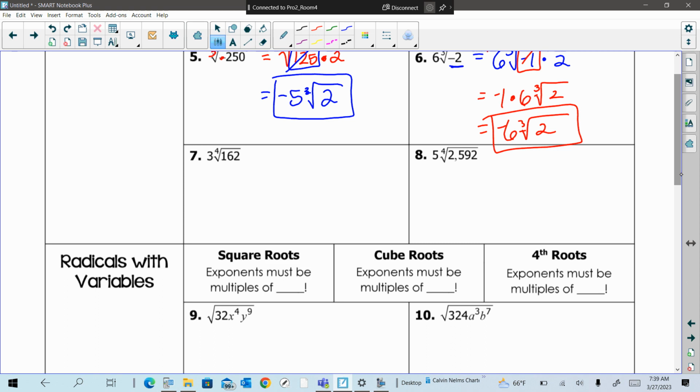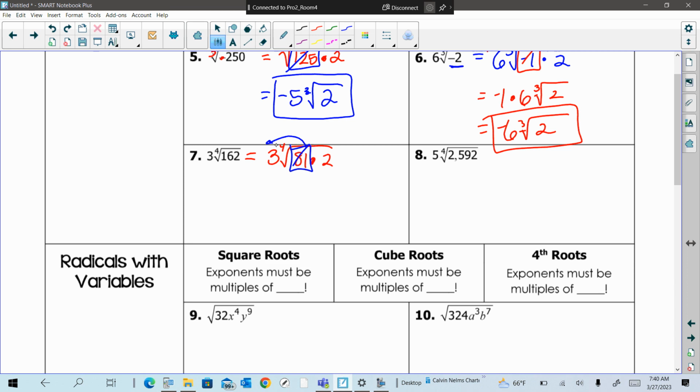So for a quartic root, or root of 4, 81 can go into 162. Oh, that's supposed to be 4, sorry. 81 times 2 gives me 162. And 81 is the perfect quartic root, excuse me.